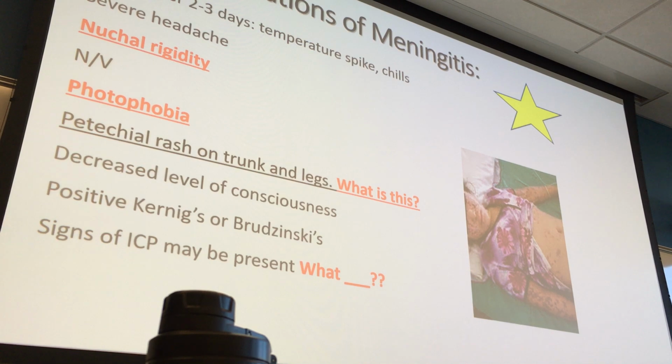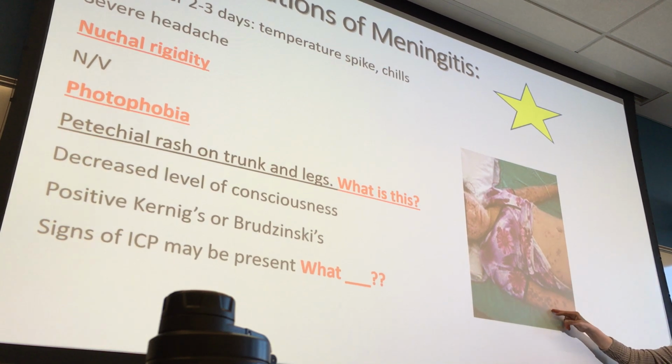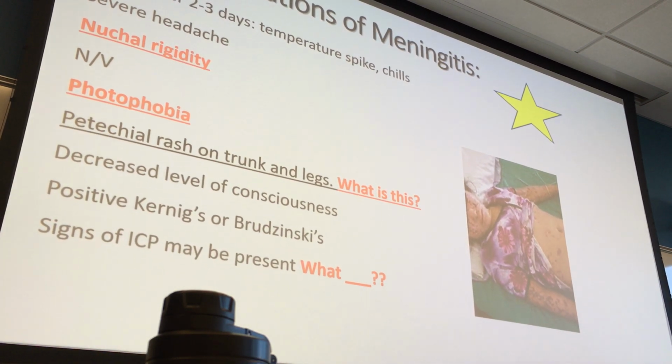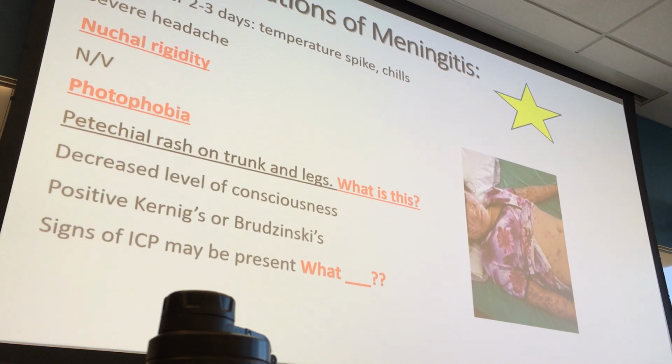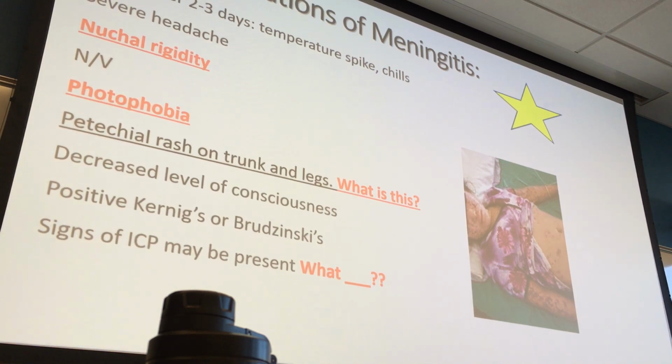This is actually this rash right here. Petechial rash on the trunk and legs, okay? What is that called? It's like a petechial rash, but if it goes on further, what's the name that you'll hear? Purpura? Yeah. Okay.